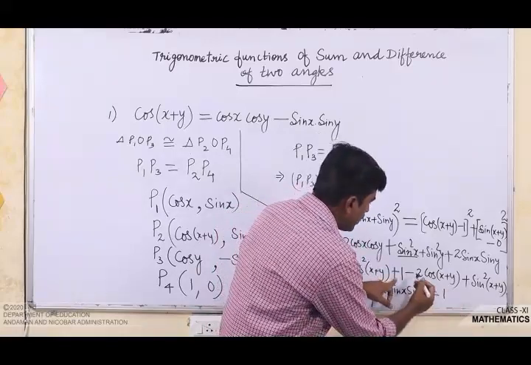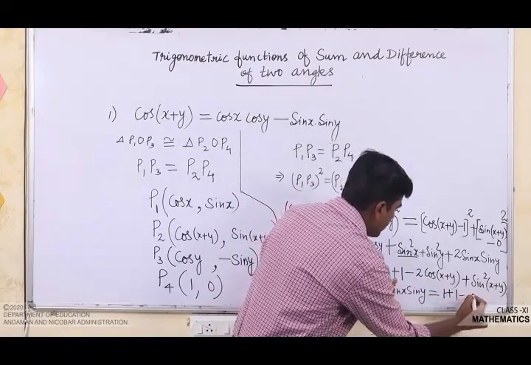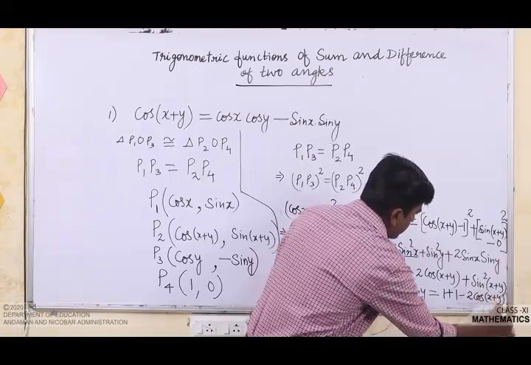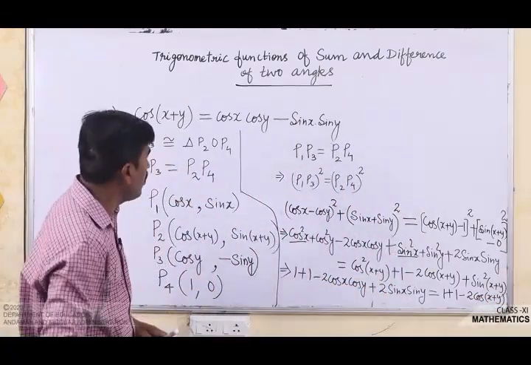And the remaining portion is plus 1 minus 2 cos of x plus y. Clear?